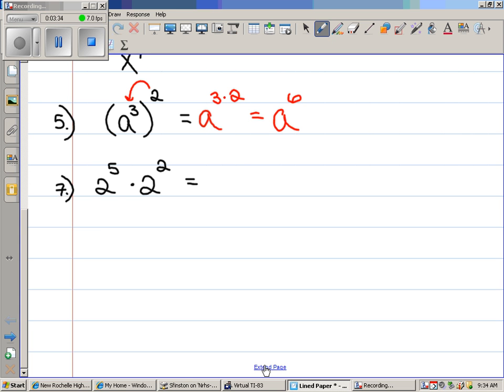Let's think about this for a minute before we write down the answer. There are essentially 5 2s: 1, 2, 3, 4, 5. And then there's 2 more. So what do we have? 4, 5, 6. We really have 7 2s.